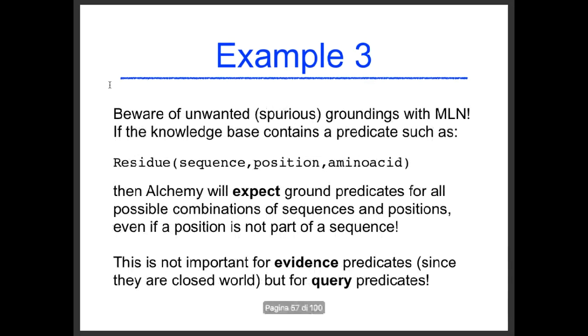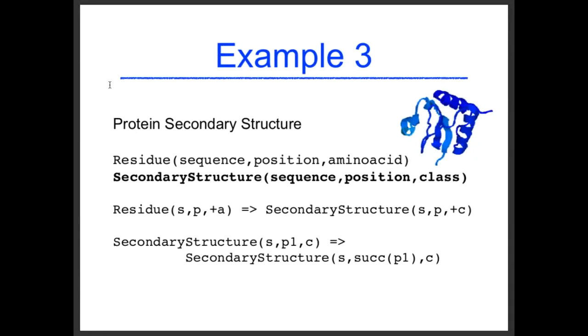Because the definition of the predicate residue, and the query predicate, which is secondary structure, has the same arity of 3, it will build all the possible crossing groundings for all possible values of type sequence against all possible values of type position against all possible values of type class.